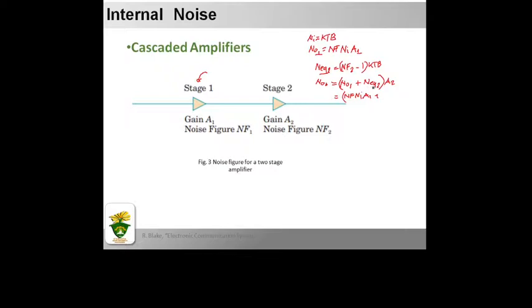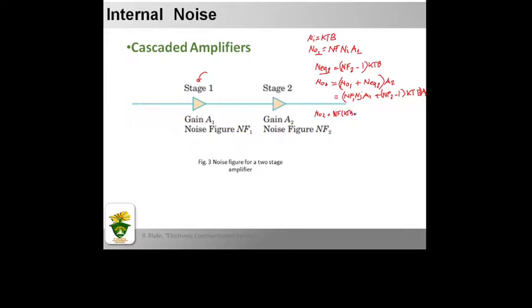Then NEQ2 is the noise figure 2 minus 1 times KTB, times A2. And take note that NI is equal to KTB. Therefore, NO1 here is equal to NF1 times KTB.